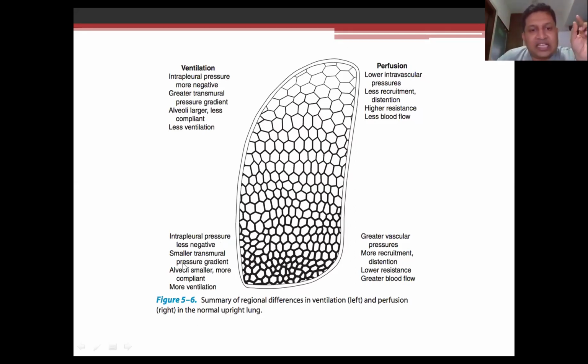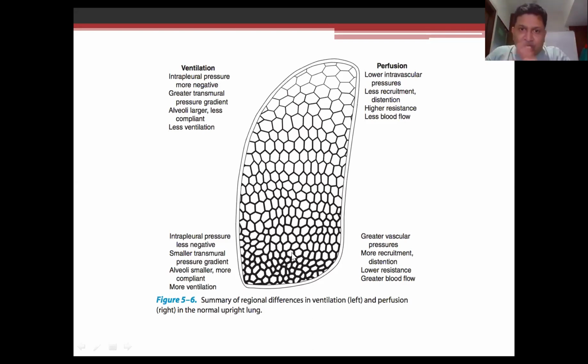So the transpleural pressure gradient is low, and here the alveoli still have the capacity to expand. So if I give positive pressure ventilation, my ventilation will happen more in the dependent part, because those alveoli are still collapsed, so I can expand them more. The blood supply here is also more.